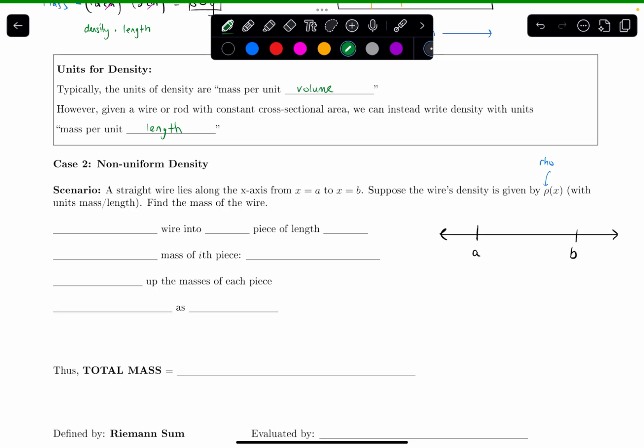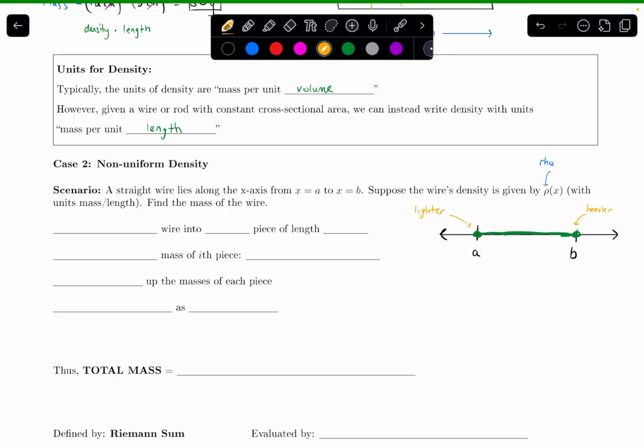So it is in between those 2 points. But the problem tells me now the density is not staying the same the whole way through. So there might be one part of this wire that's lighter, and then at different points, that weight gets distributed differently. So maybe on the other end, it's heavier.